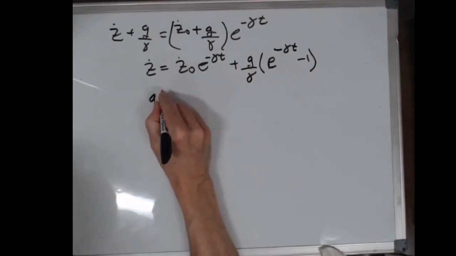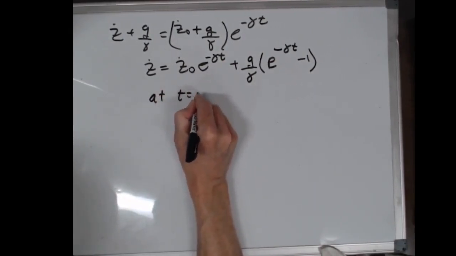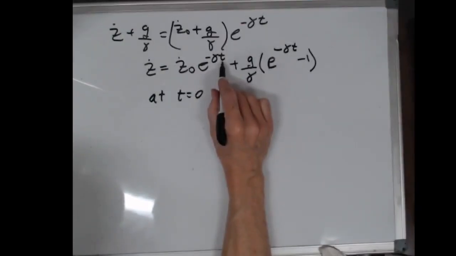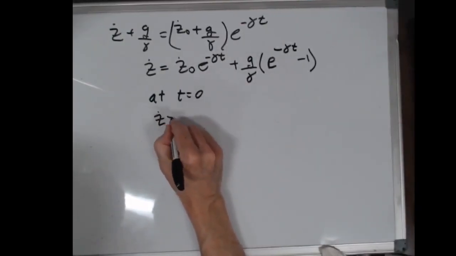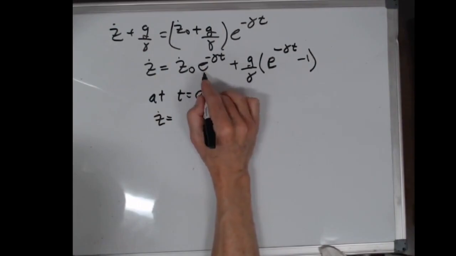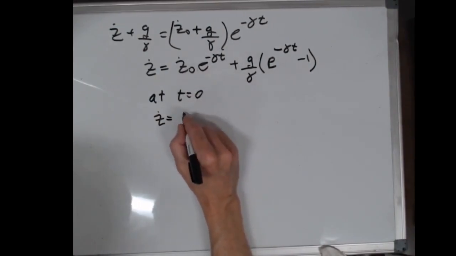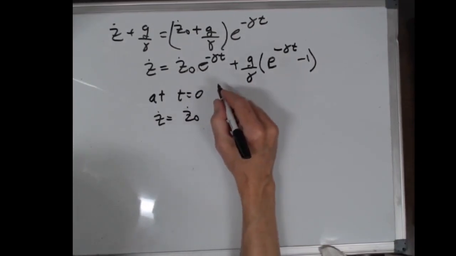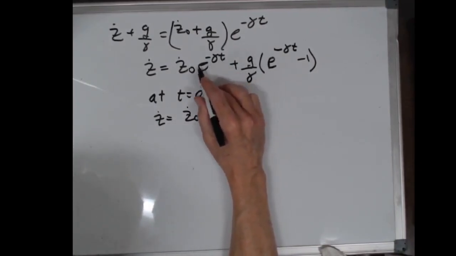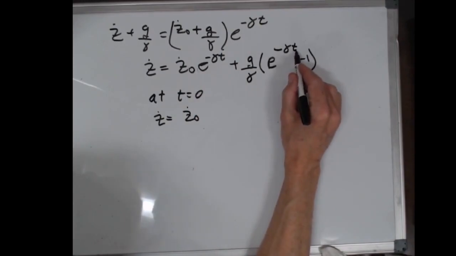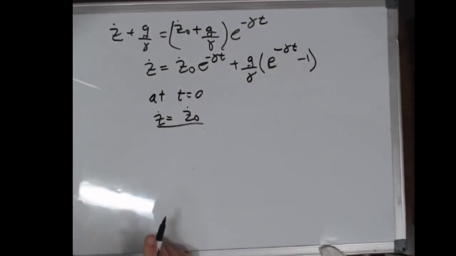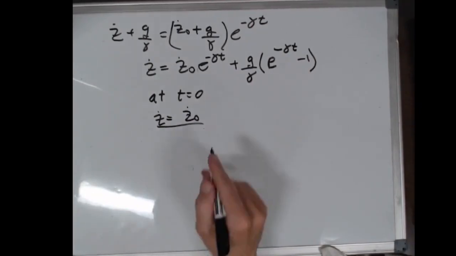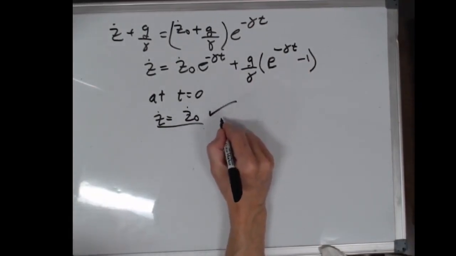And so at t equals 0, if I stick in t equals 0 here, this term becomes 1, and so I just get z dot naught. That's the initial z velocity. That's good. And at t equals 0 here, this term becomes 1, 1 minus 1 is 0, and so I just get z dot equals z dot naught, which is what I expect to get.